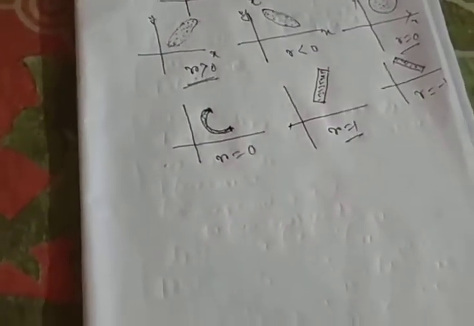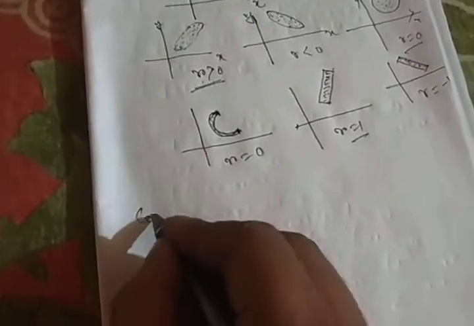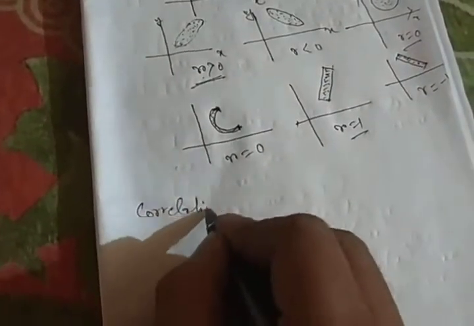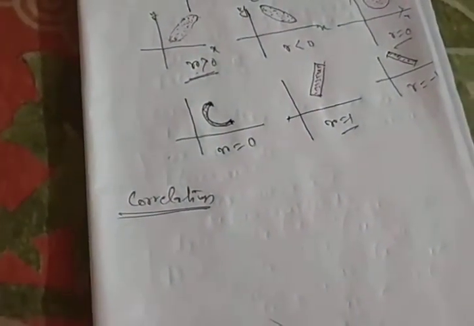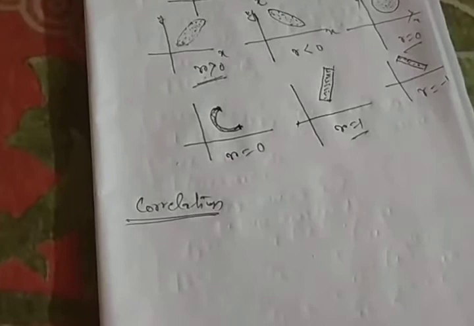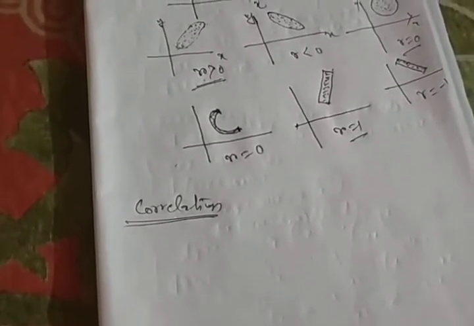Now next, correlation. Correlation means the relation between x and y, or the changes between x and y when we measure something between them.